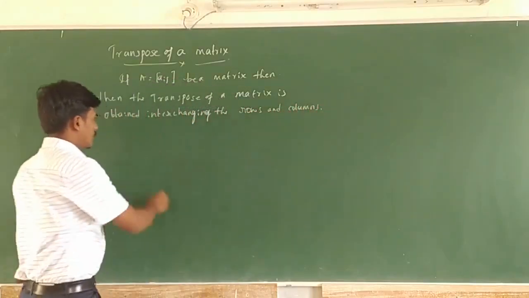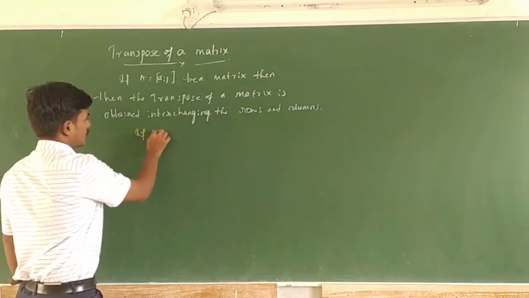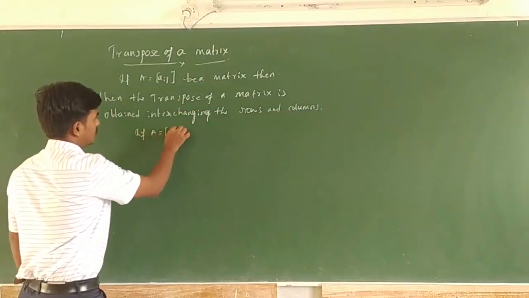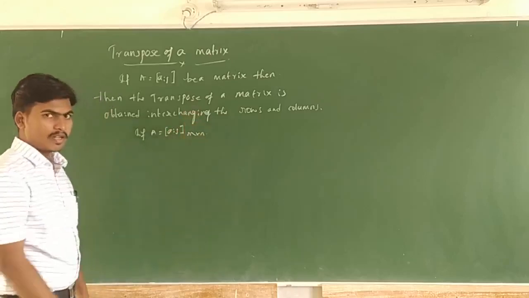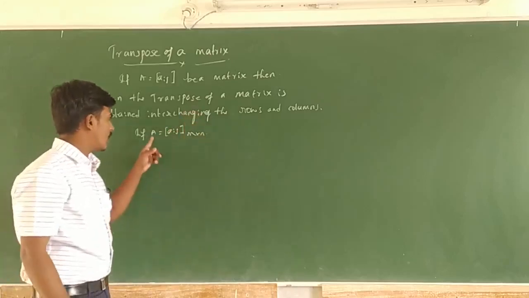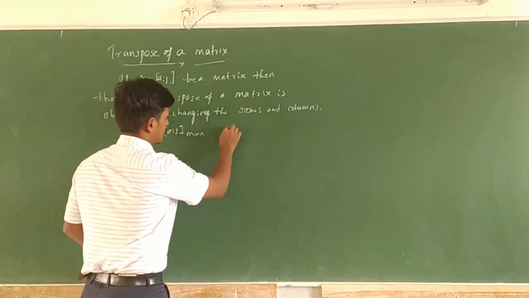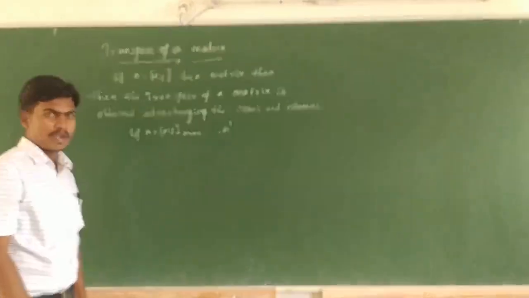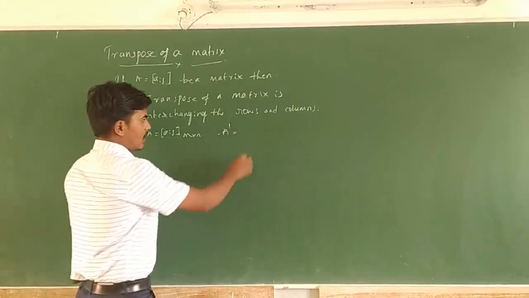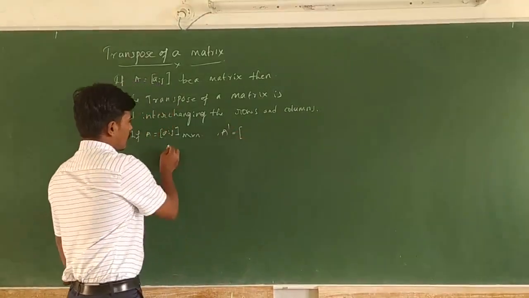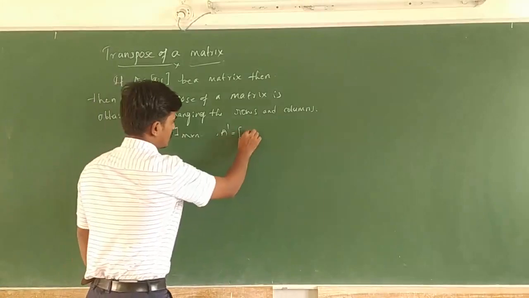That is, if A is equal to Aij, be a matrix of order n by n, then the transpose of this matrix is A dash, obtained by interchanging the rows and columns.